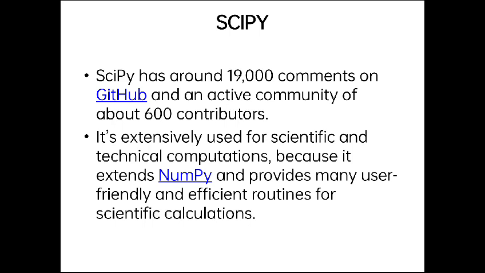Scientific Python. SciPy has around 19,000 commits on GitHub and an active community of about 600 contributors. It is extensively used for scientific and technical computations because it extends NumPy and provides many user friendly and efficient routines for scientific calculation.